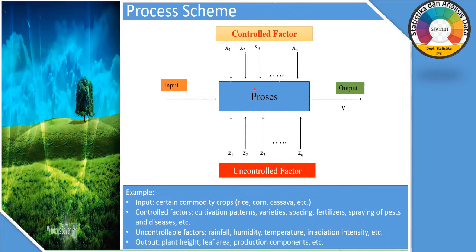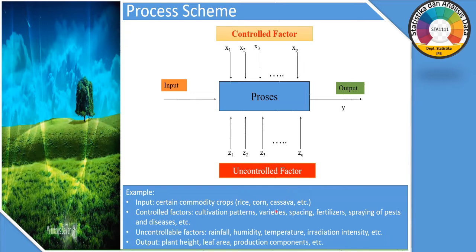But of course, we must realize that many factors have influence on the blood pressure. So perhaps the weight of the mice, right? Perhaps the species of the mice. These are uncontrolled, right? But what we can do is the control factor. So whether they are control factors or uncontrolled factors, they will have influence on the process. Then later on we measure the output.